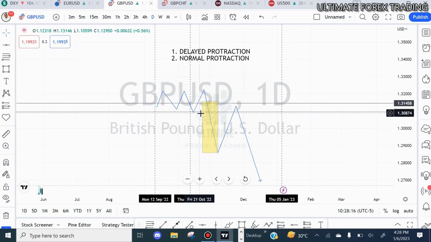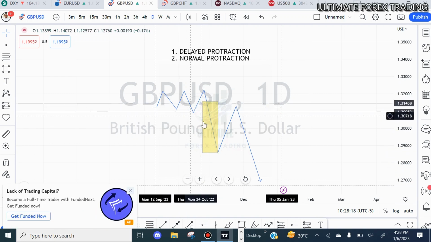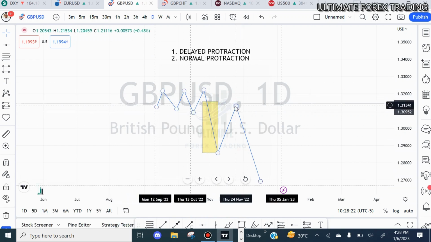So this delayed manipulation, the distribution in the direction of the intended daily bias, will not most of the time occur immediately after 0 GMT. It may be at 1 a.m.